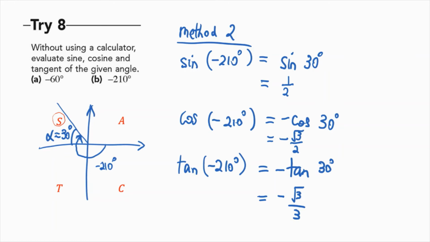So sine negative 210 equals sine 30 degrees, you get half. So this is positive. Cosine negative 210 equals negative cosine 30 degrees. And tangent negative 210 equals negative tangent 30 degrees. Okay, only sine will be positive in the second quadrant.